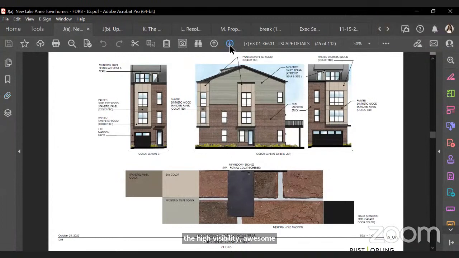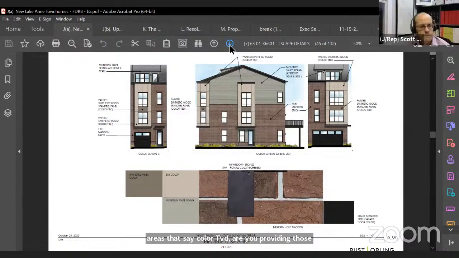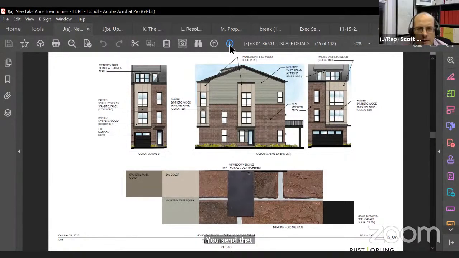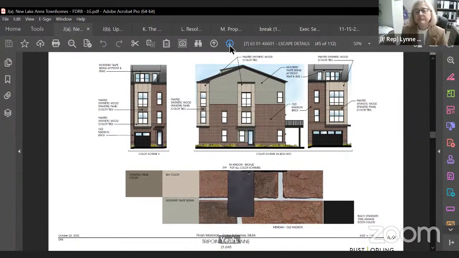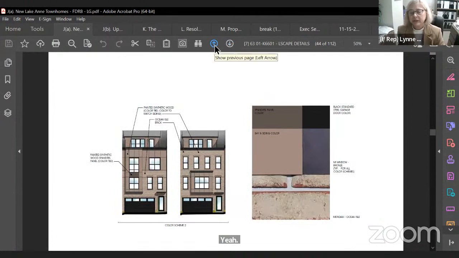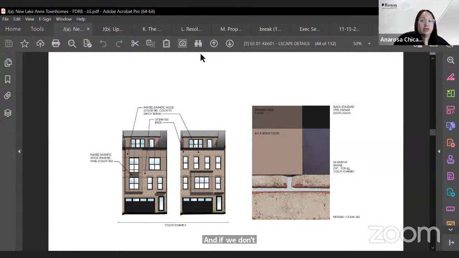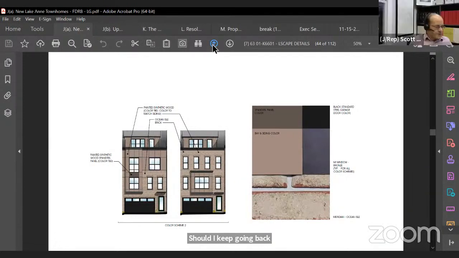Just for clarification, Michael, if I could, there are areas that say color TBD. Are you providing those colors? I thought we were. I only see that spandrel panel and the synthetic wood. Can you flick back to that material schedule page?